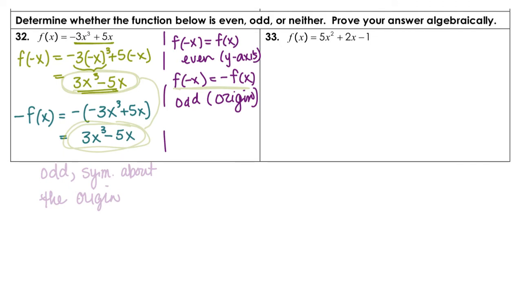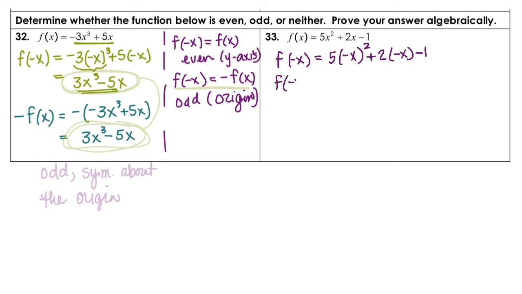All right, let's look at the next equation. And we need to sub in again. You always start there with your negative x. So f at negative x, that's going to give me 5 times negative x all squared plus 2 times negative x and then minus 1.